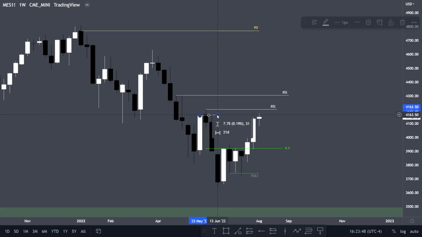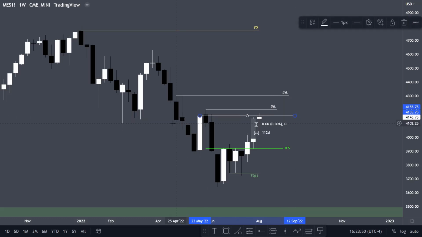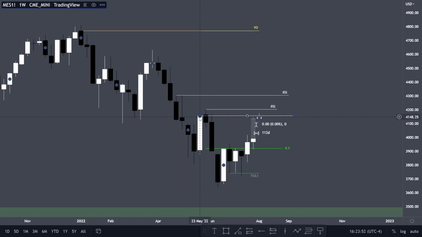I'll be looking at the bodies, because that's something P-Dub gave everybody, and I find that to be cleaner entries. If you have the patience to wait for it to come to the bodies, you normally don't take any drawdown, honestly. So I'm looking to see a retest of like 41.